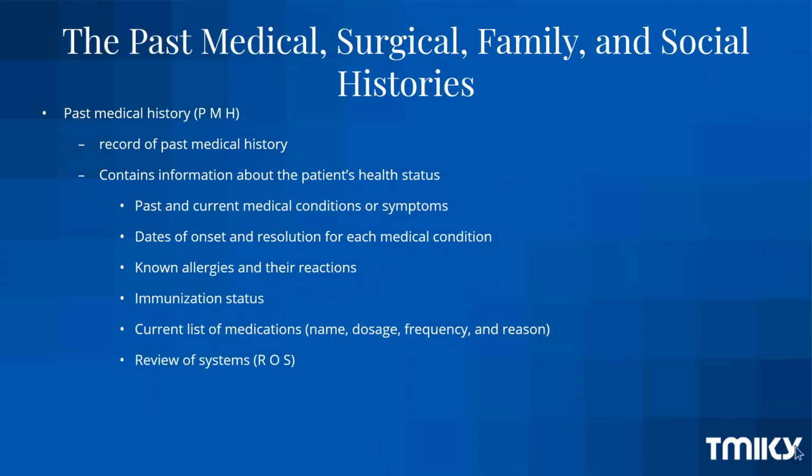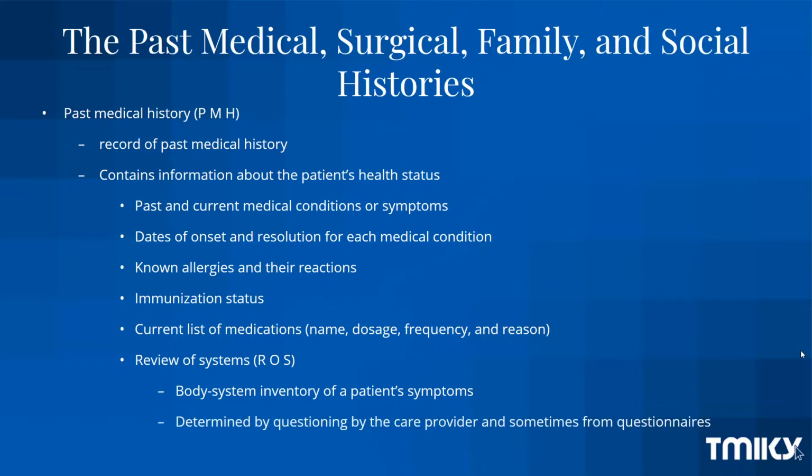PMH also has a review of systems, which consists of a body system inventory of a patient's symptoms and is determined by questioning by the care provider and sometimes from questionnaires.